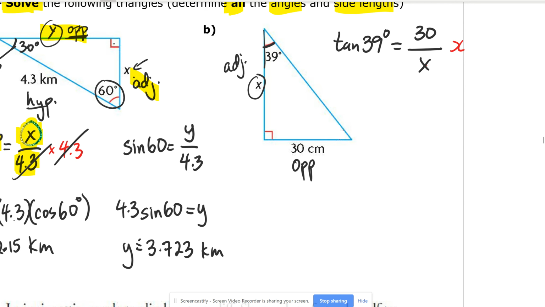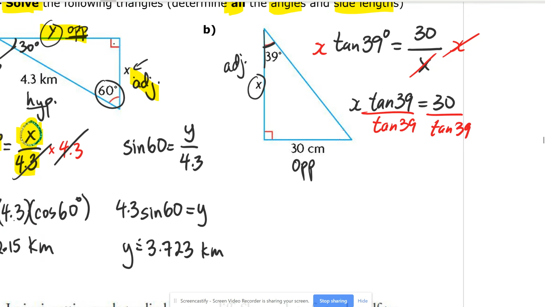So if I multiply this side by x and multiply this side by x to balance everything out, this x in the denominator will cancel with this x in the numerator, and you're left with x times tangent of 39 equals 30. Then I'll divide both sides by tangent of 39. These two cancel, and I'm left with x equals 30 over tangent of 39 degrees.